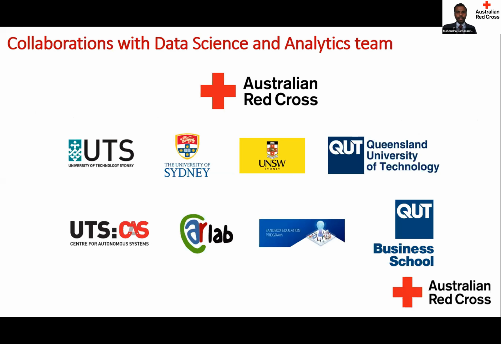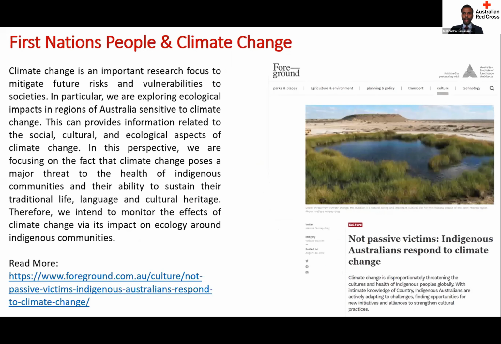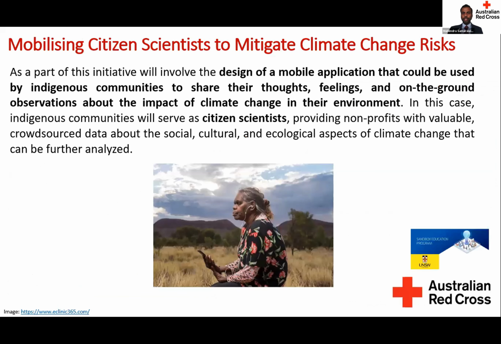Now, there are different collaborations with the Australian Red Cross. We have recently done climate change related research. The objective was about First Nations people. We all know climate change is an impact for everyone.